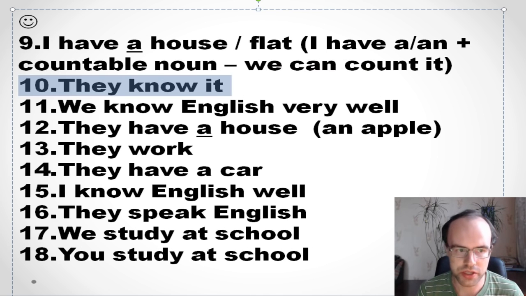They know it. We know English very well. They have a house, or they have an apple. They work. They have a car.